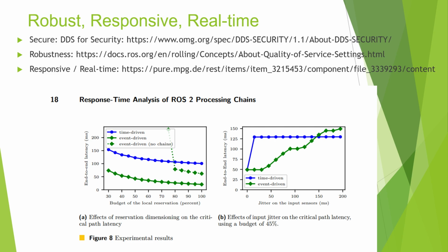In terms of robustness, ROS2 has these things called quality of service settings. So you can adjust the quality of service settings, which means that you're really flexible with how you demand ROS2 to work.